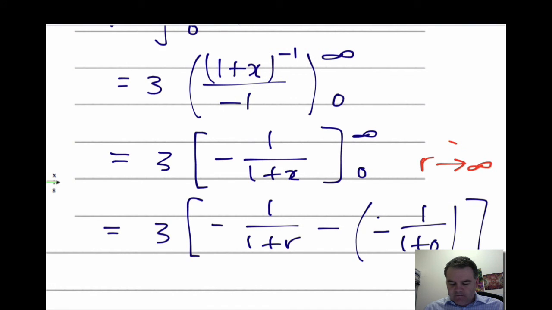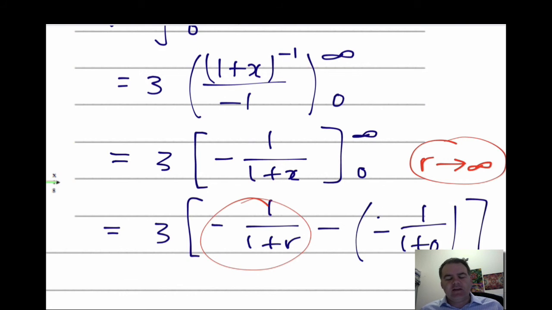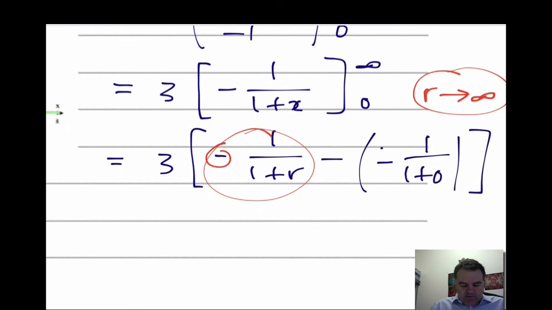So what happens to this fraction here as r tends towards infinity? As r is really, really huge, 1 over a really huge number plus 1 is going to be really close to 0. On the negative side, but really, really close to 0. And we can say, using the idea of limits, as r tends towards infinity, that fraction there tends towards 0.